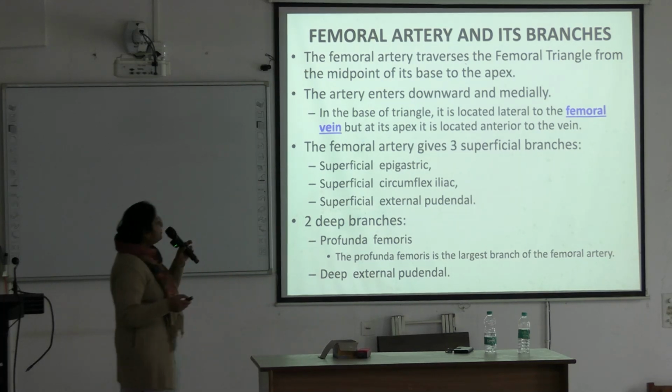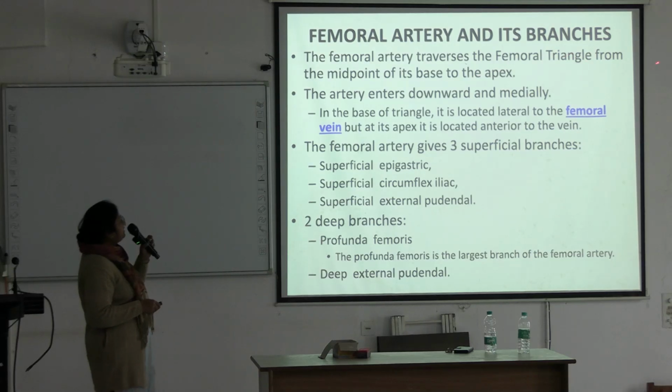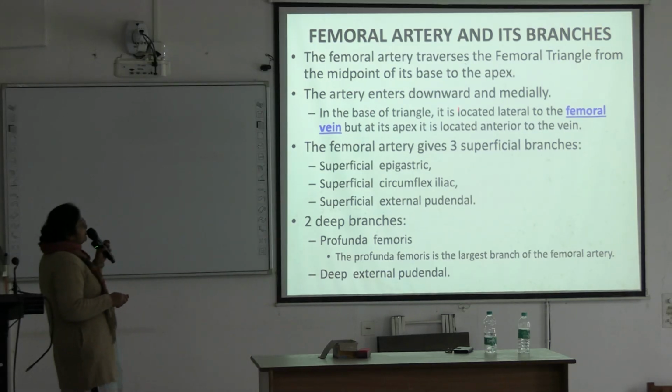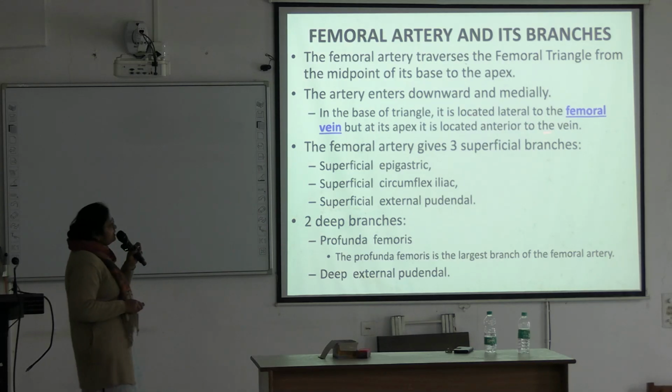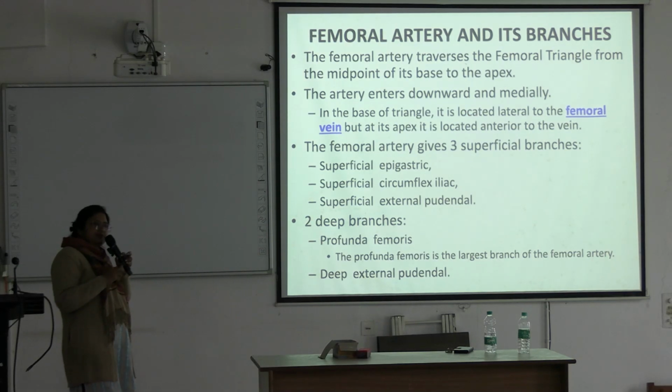For nerve also you have to know the branches, supplying area, root values, formation, all this for your OSPE. So femoral artery traverses the femoral triangle from the midpoint of its base to the apex, the middle of the whole triangle. The artery enters downward and medially, and at the base of the triangle it is located lateral to the femoral vein. This relation is important.